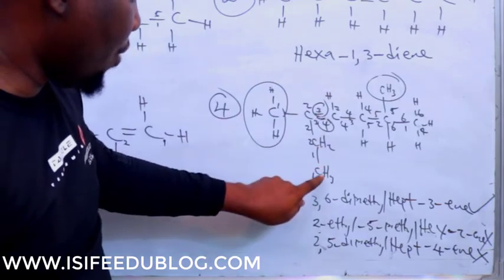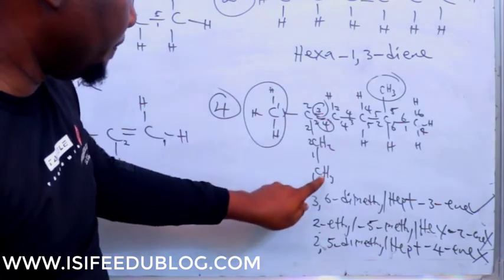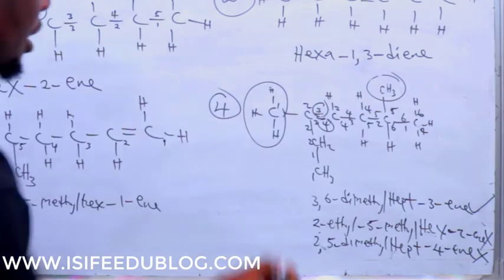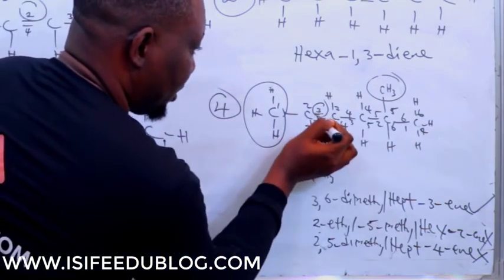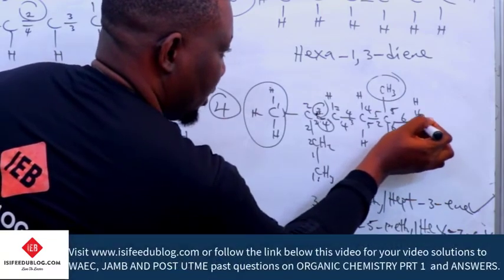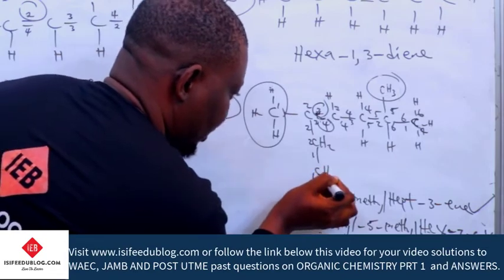So we look at where the double bond is closer to the carbon of the open chain. There will be 2 open chains here. Which carbon is this double bond closer to? Is it closer to this carbon or is it closer to this carbon? So considering the 2 carbons here, which of this is closer to this bond? It is this carbon that is much closer.